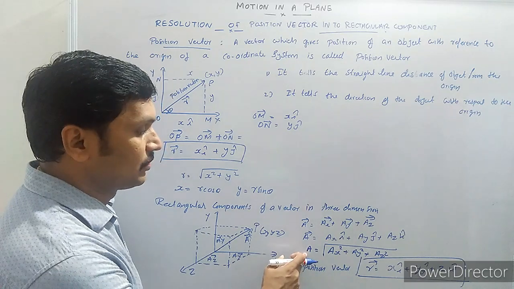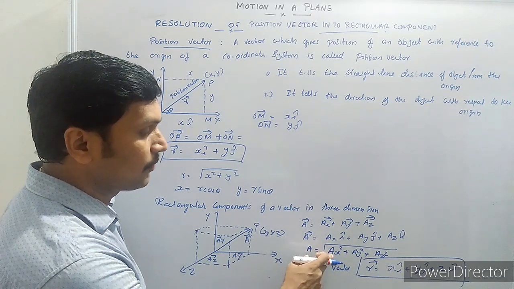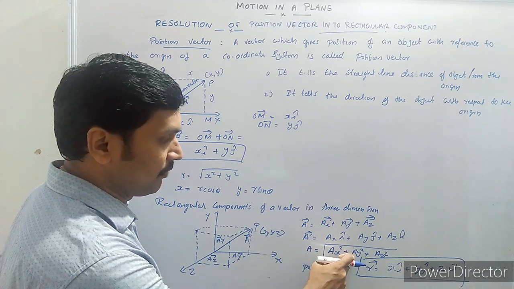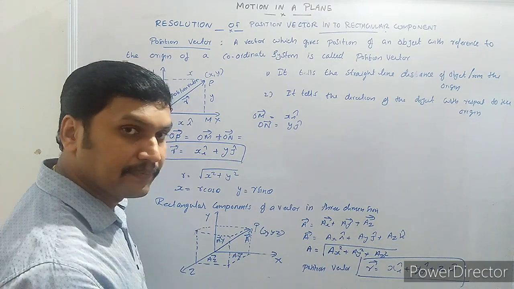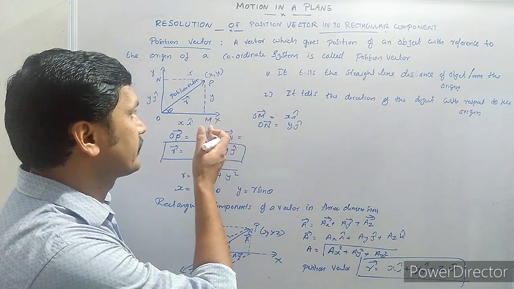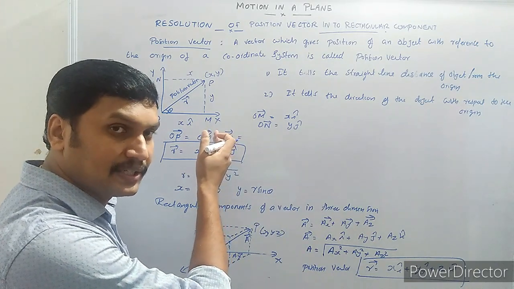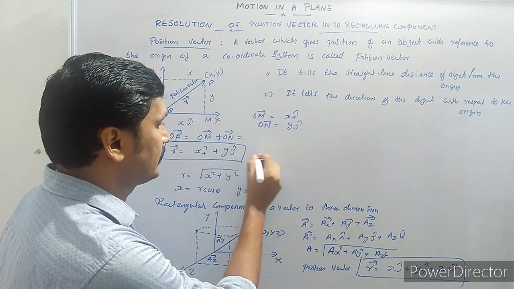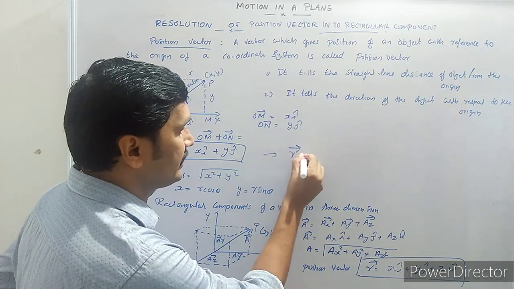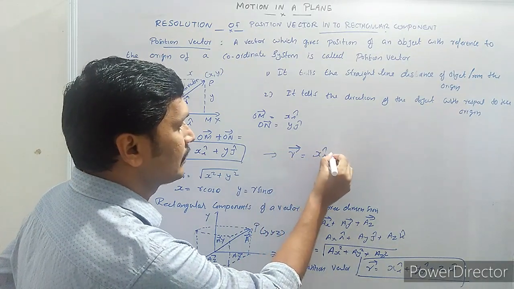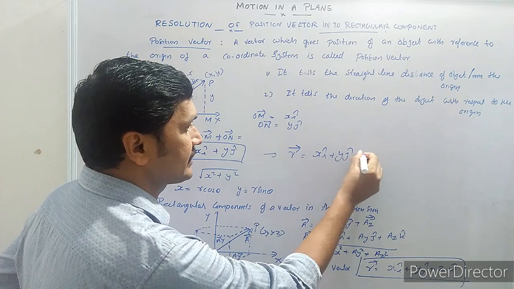Now we can write the magnitude of this vector A is equal to root of ax square plus ay square plus az square. Now if you are using this concept in the case of the position vector, we can write this position vector with one more component, that is vector r is equal to xi plus yj plus zk.